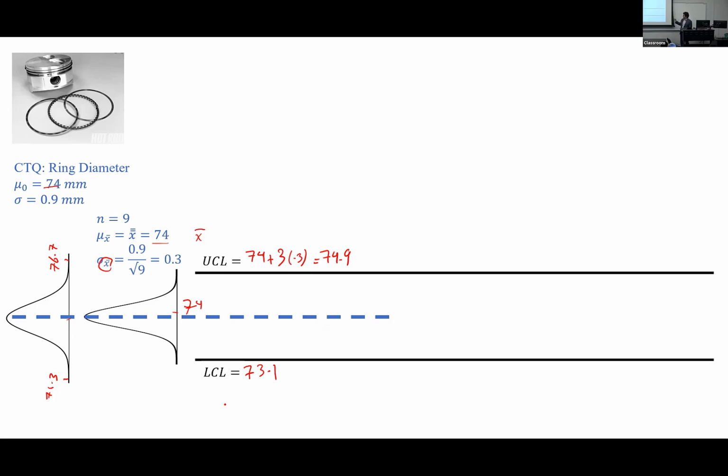So when I take samples, they are coming from which distribution? This. Samples are coming from this, but what I'm plotting here, because it's the average of each sample, is coming from this distribution with a smaller variation. So my points are going to fall here within the limits. So I'm going to expect to see something like 1 point here, 1 here.